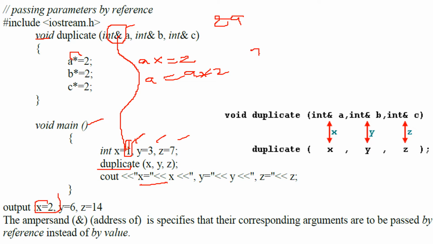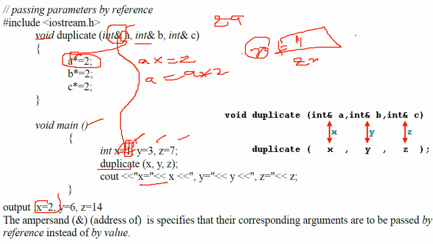X will be 2. Actually x was like this: x has a position, and 1 was there. Now you pass the reference of x, that is &x. Now A is a reference; A and x can be referred to by the same name. When you pass 1 or 3 or 7, you have a location here and 1 is there, and you are multiplying x with 2.